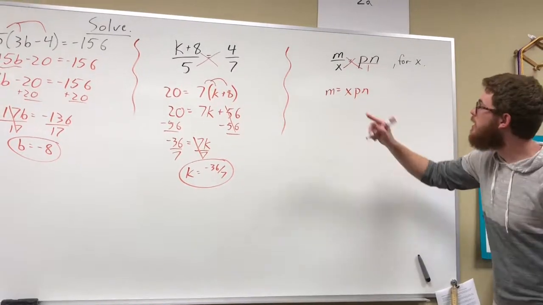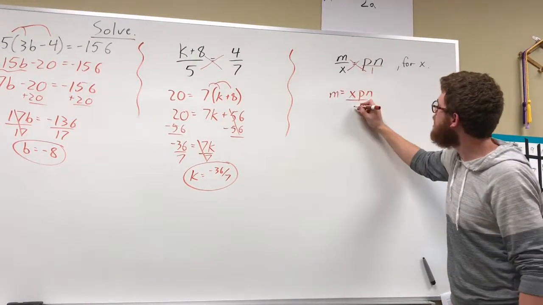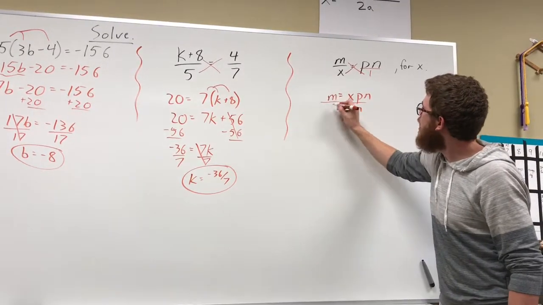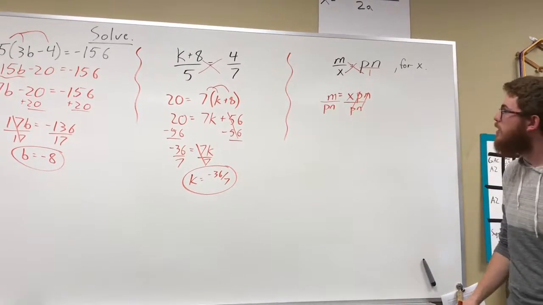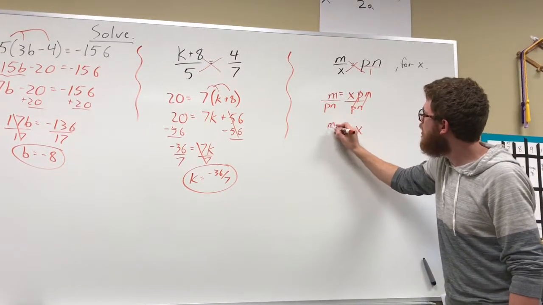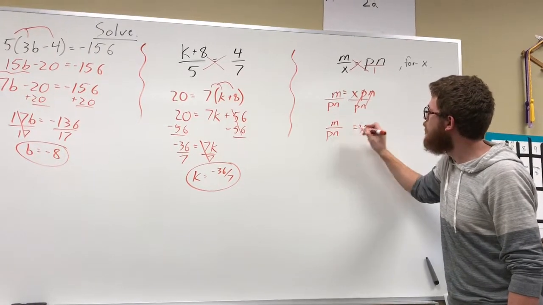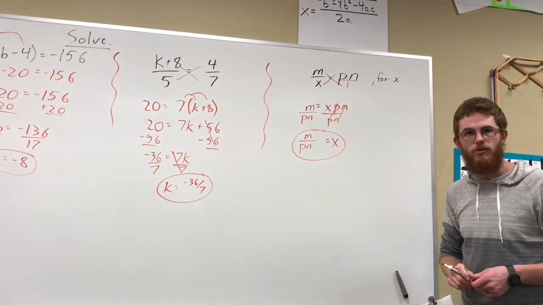To get x completely by itself, I divide by what's multiplying x. So I'm going to divide both sides by Pn. The Pn cancels out over here on the right, and I now have x completely by itself. On the other side, I have m over Pn. So x has been solved for.